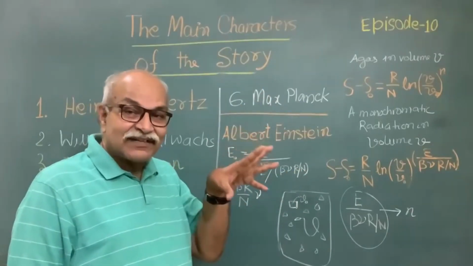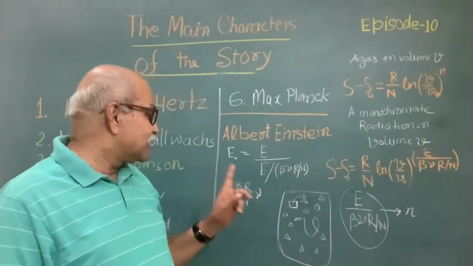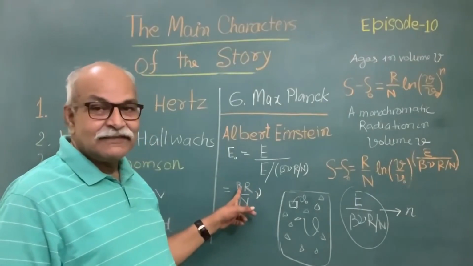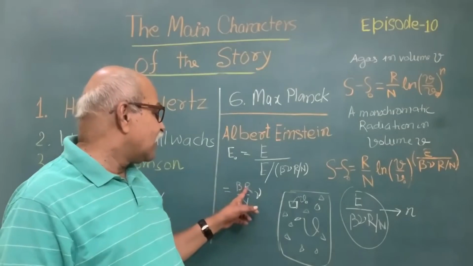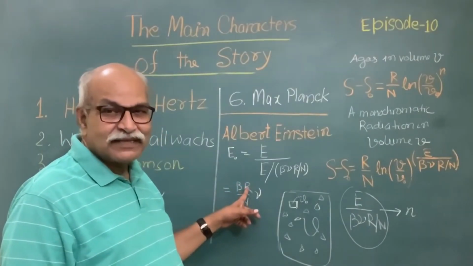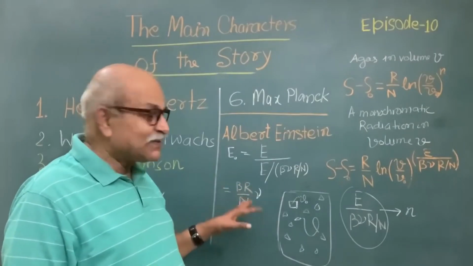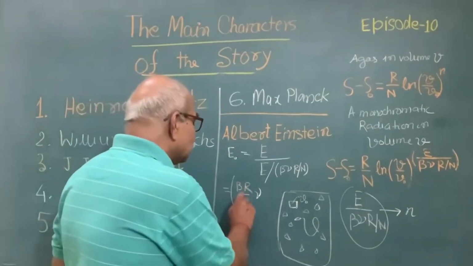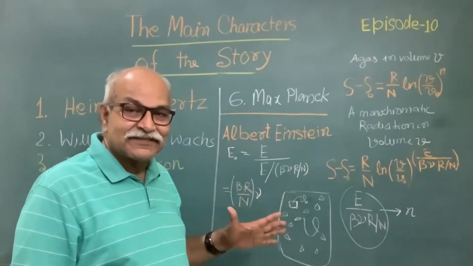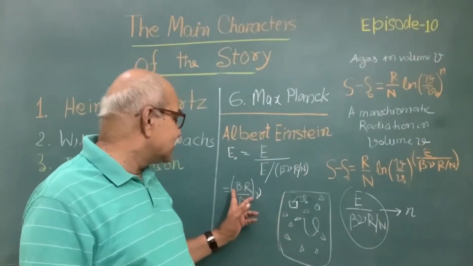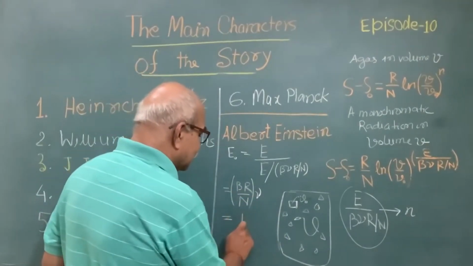To match that, this beta is needed. So beta is a fixed quantity, in fact a universal constant. R is the gas constant, the normal gas constant. N is the Avogadro number, so R by N is the Boltzmann constant. Everything is known, so this is known, and this is universal. It does not depend on anything else, and therefore, if you call this h, this is equal to h times nu.